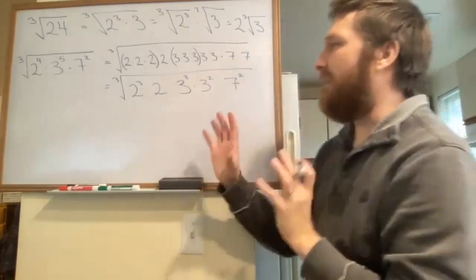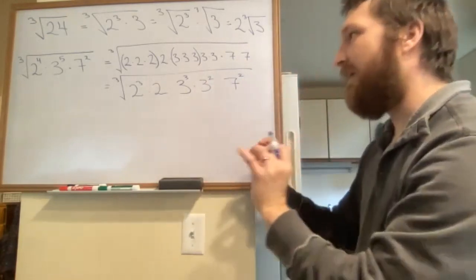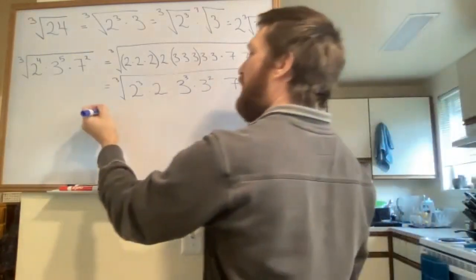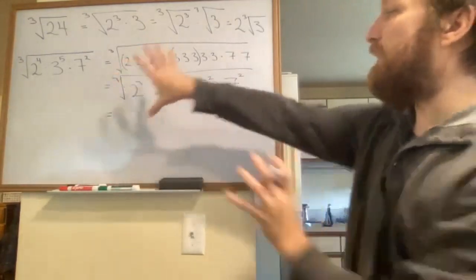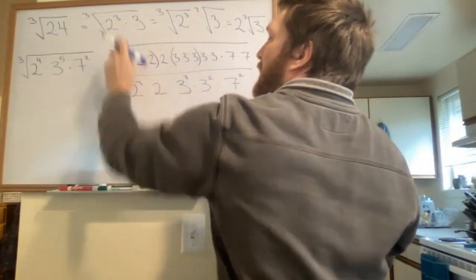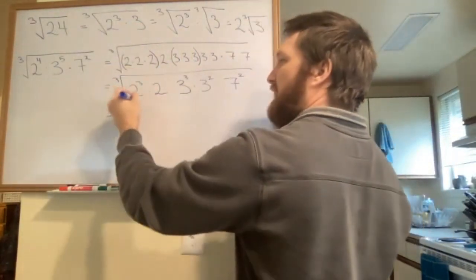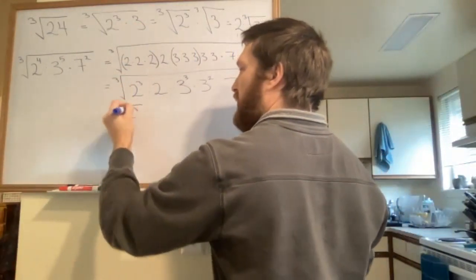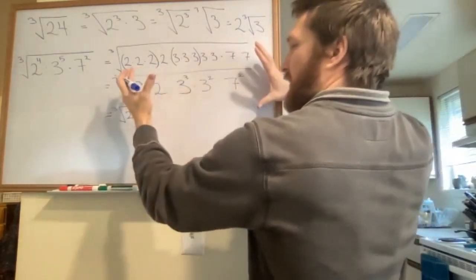Now here's the cool thing. And I do not do it this way. But I want to do it this way so we can really just prove that we could do this final step that I'm looking for. So we could split this up, right? With our nice theorem here is that when you have two things multiplied by each other, you could split it up into those things. So I'm going to split this guy off right here and say, that's the cube root of 2 cubed times the cube root of, and then I have another product, right?